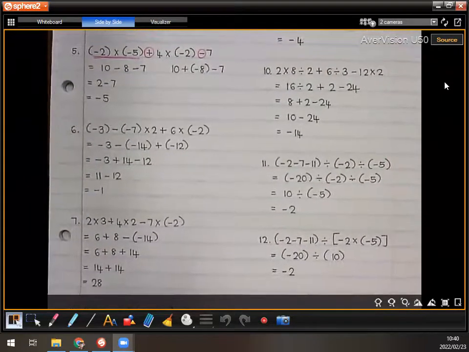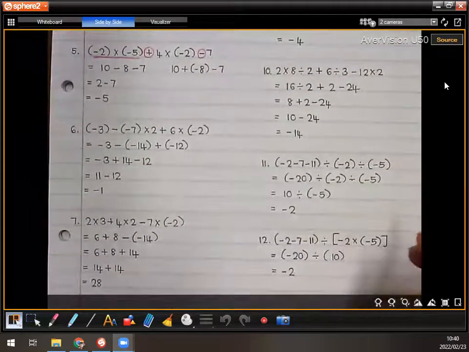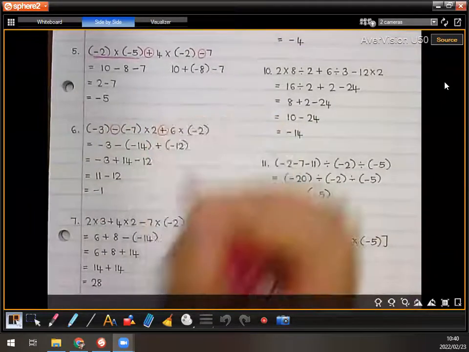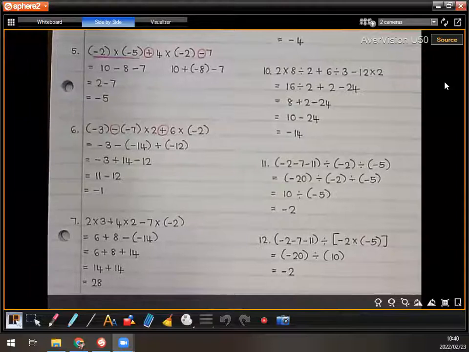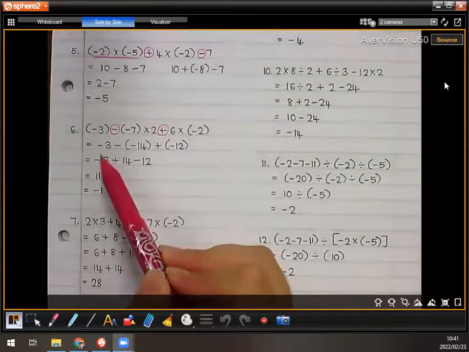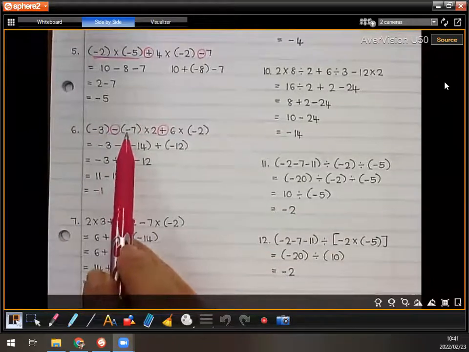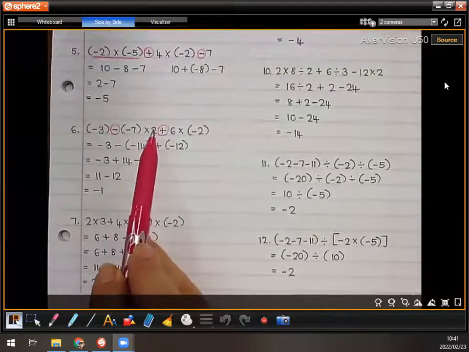Okay, number 6. We are circling our pluses and minuses. Circle those that are in brackets. So the first term there is just negative 3. Can't do anything there, so I just rewrote it. Minus, guys, what's negative times a positive?